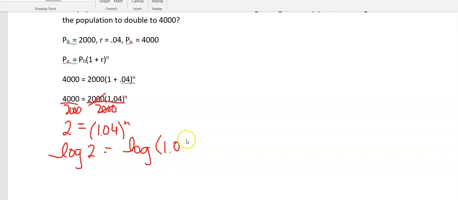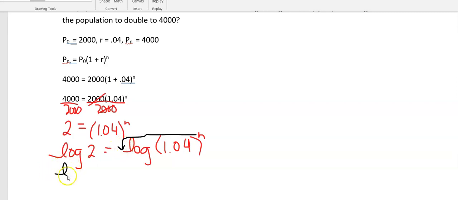Now, it's really the right side that we want that log for, but we got to do it to both. All right, now I'm going to use my property of logs to move this n out to the front of the logarithm.